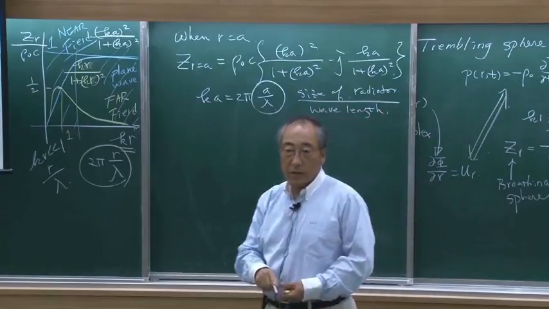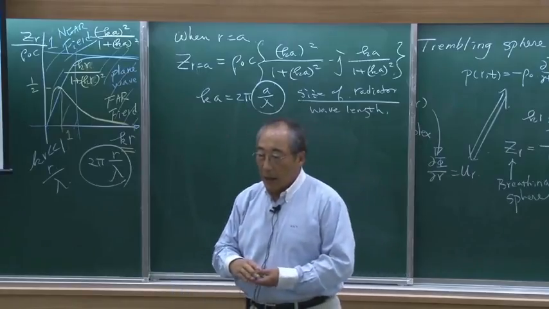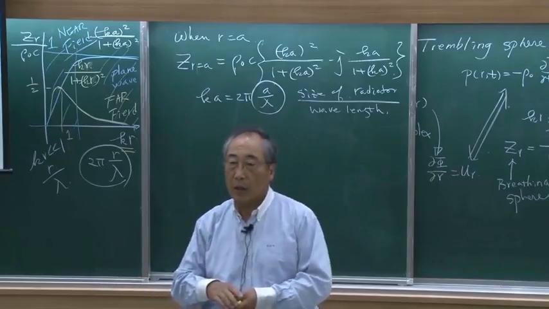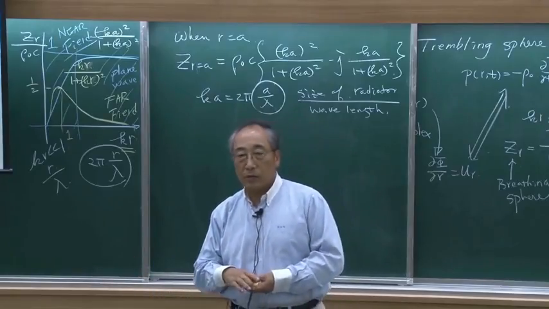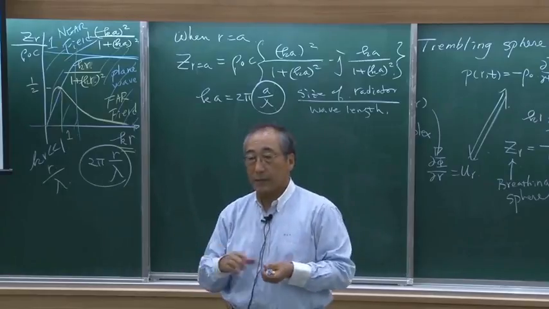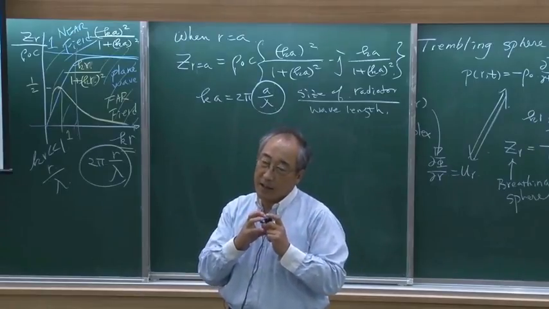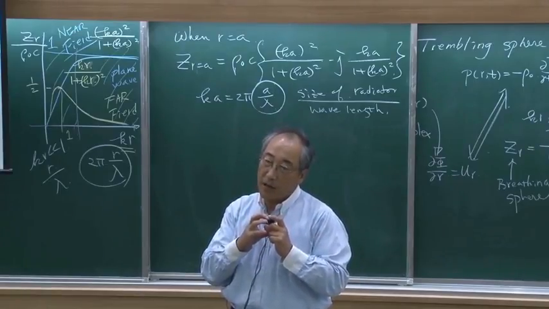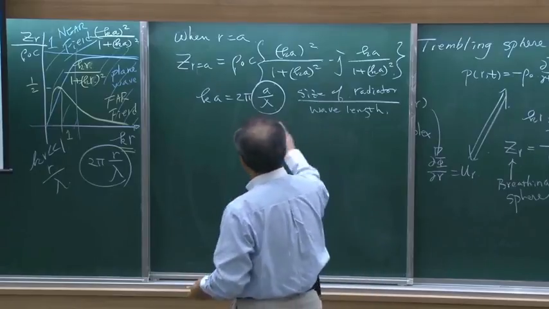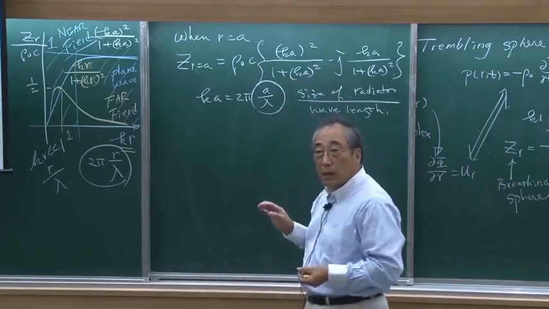Okay, that's interesting. I have a breathing sphere, and I want to generate 100 hertz. Then the wavelength should be more than 3 meters, 3.4 in the usual case. And if the size is small, then a over lambda would be very small. That means the real part is negligible, and the imaginary part is dominating.